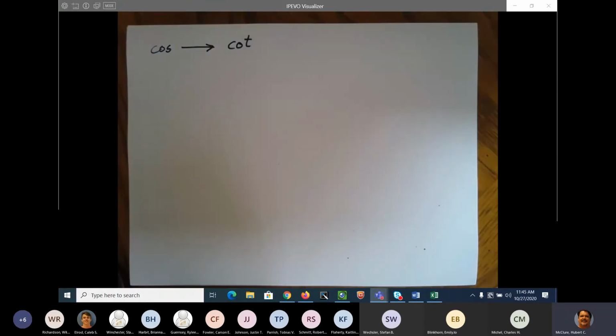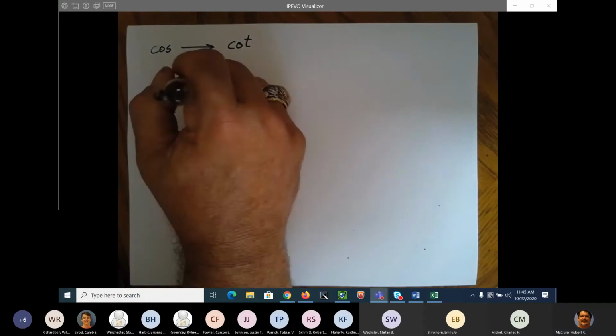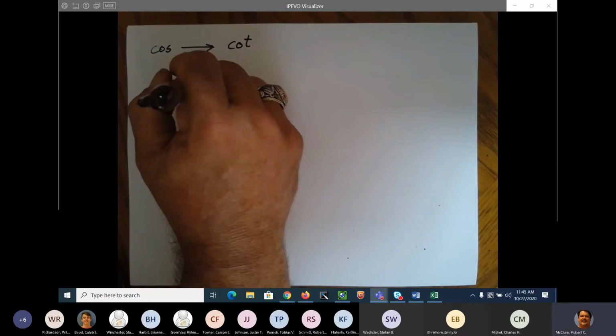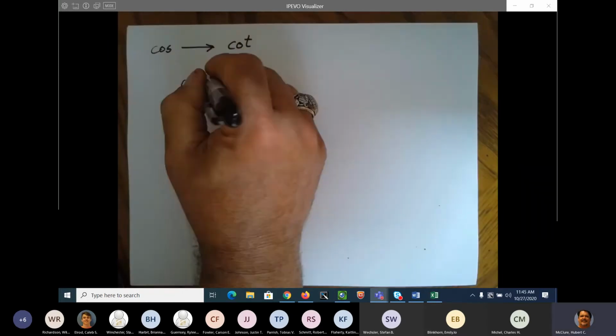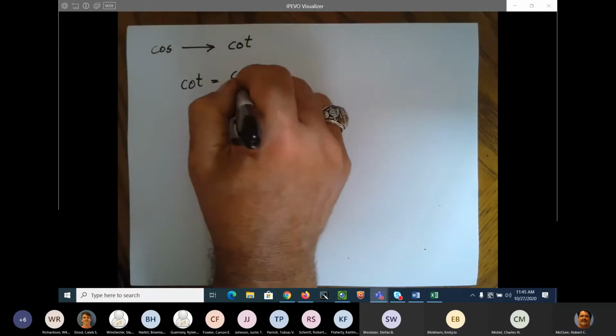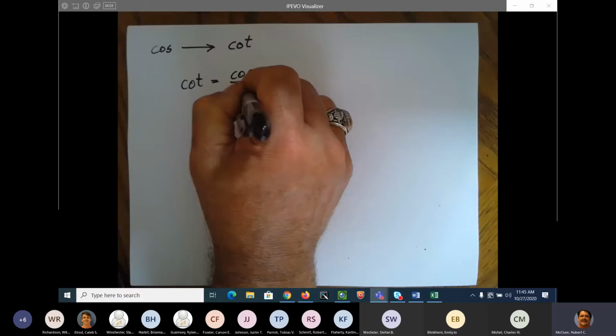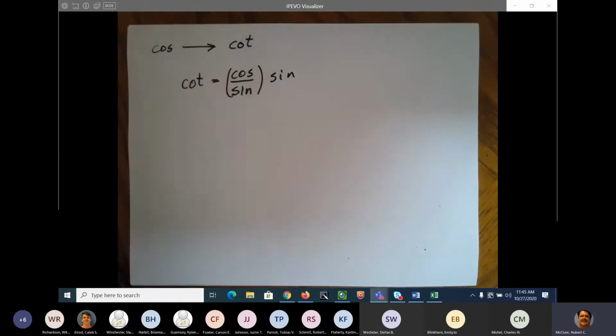Well, the first thing I'm going to do is remember that cotangent is equal to the cosine over the sine. And I'm going to solve. I'm going to multiply by the sine on both sides. Let me put that in. Let me highlight that.